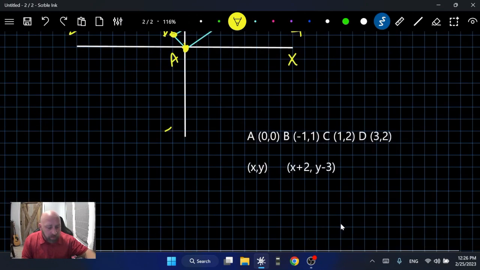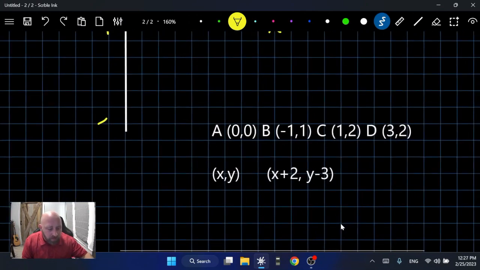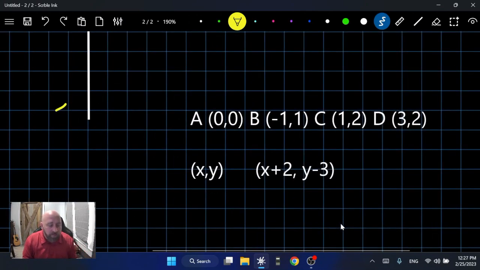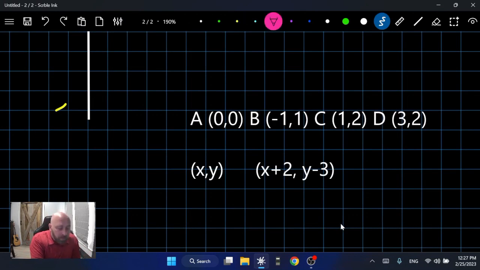Let's look at this, and then we'll go back and graph our image. The first one is going to be our A prime. We take our A and then we apply this to it. Every single point is going to be moved by the same amount.